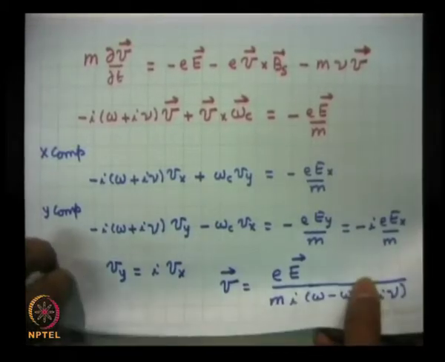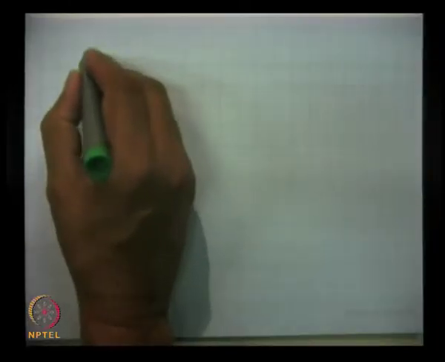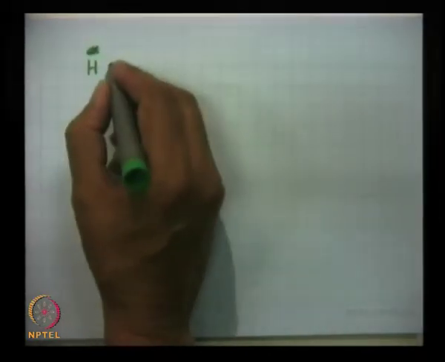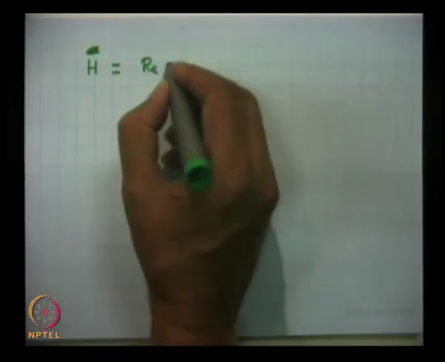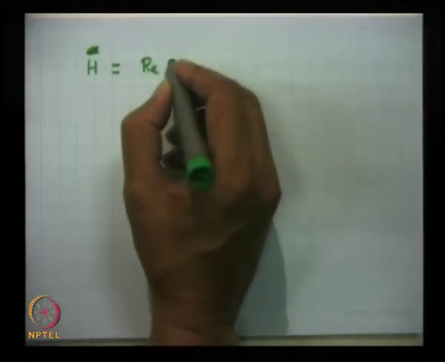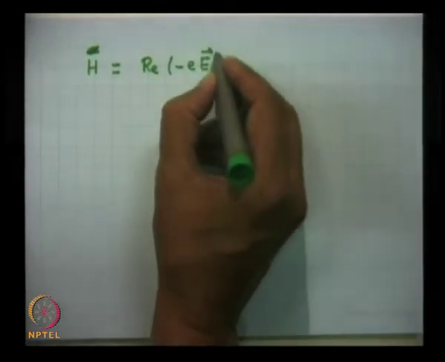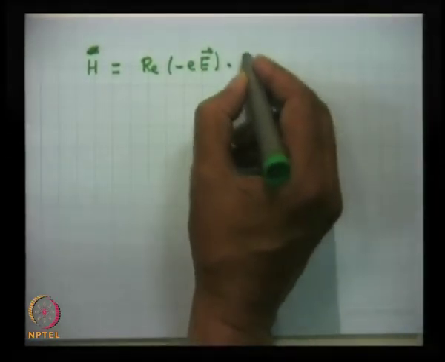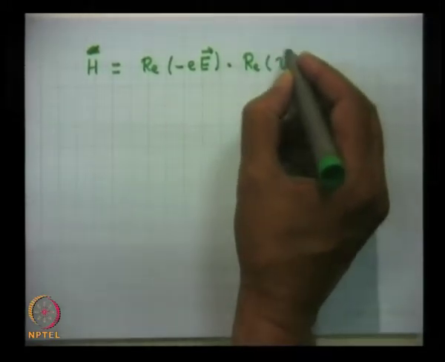Now, let me calculate the heating rate. Heating rate is a scalar quantity. This is equal to the work done by the electric field, which is the force. The electric force on the electron is −E, into the displacement per unit time, which is called velocity.